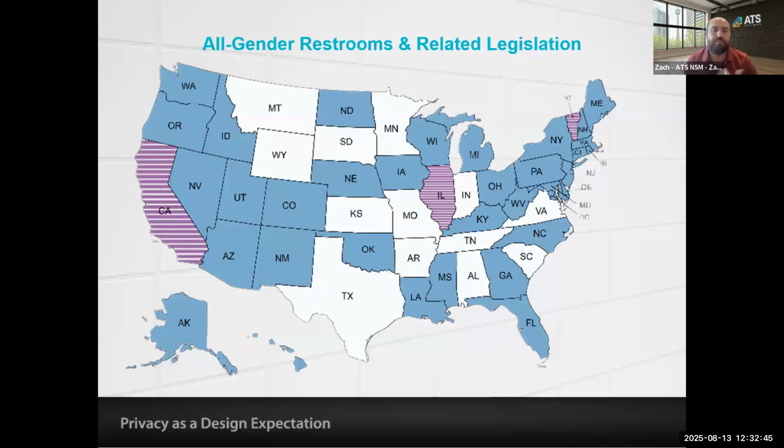As these partitions are being designed for privacy, but they're also more substantial, do they have a more secure anchoring installation? Are they more resilient to vandalism as well? Yes and no. If anything is ceiling supported, it's going to have substantial support.